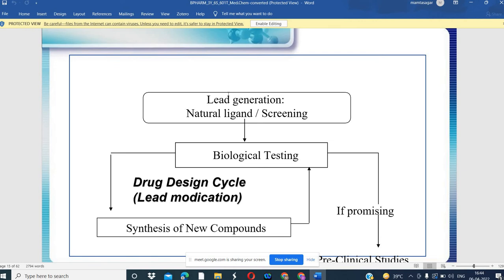If it is preclinical, it means we are carrying out the studies in the laboratory, testing the chemicals or compounds in the laboratory. That means we do not use a biological animal or patient; that is called clinical trial, clinical testing.